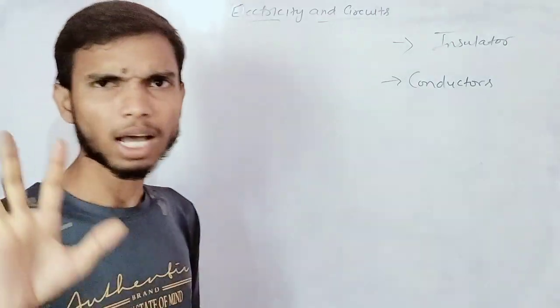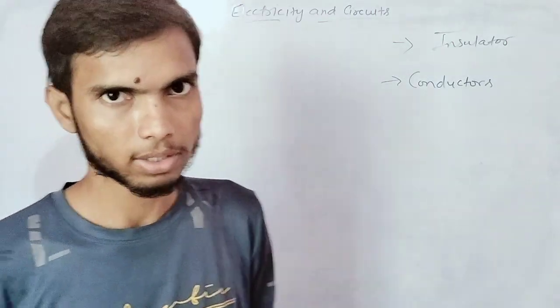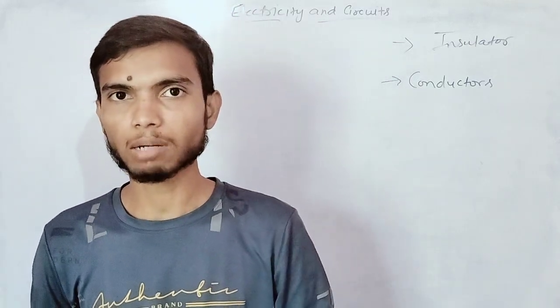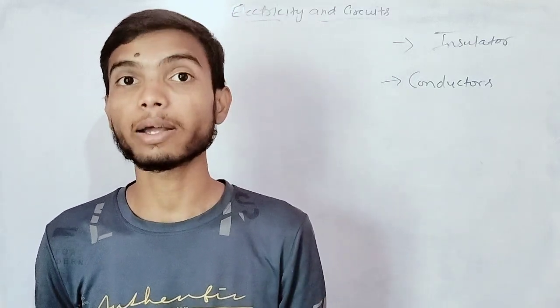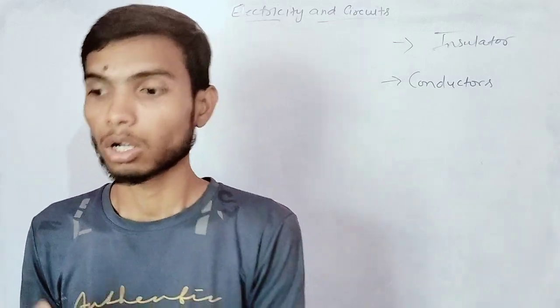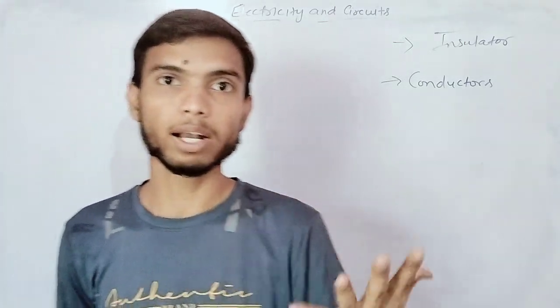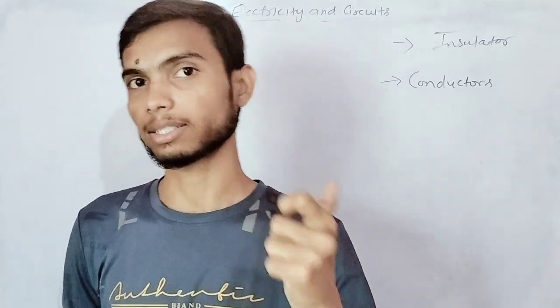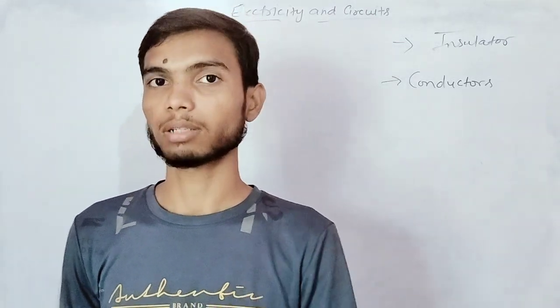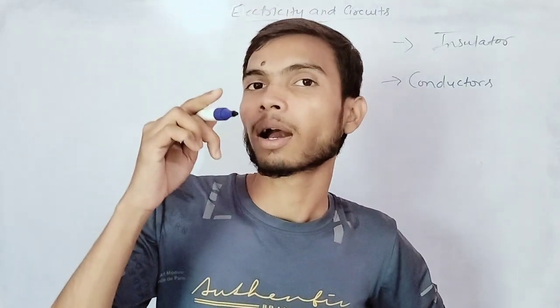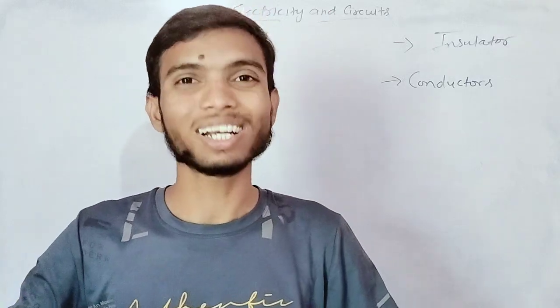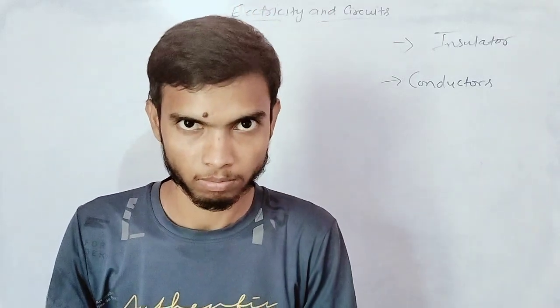So insulators are materials. Okay. Till here there is no doubt. Insulators are materials, conductors are materials, but some materials will be defined as an insulator, some materials will be defined as a conductor. So here, conductors are those materials which will conduct electricity.